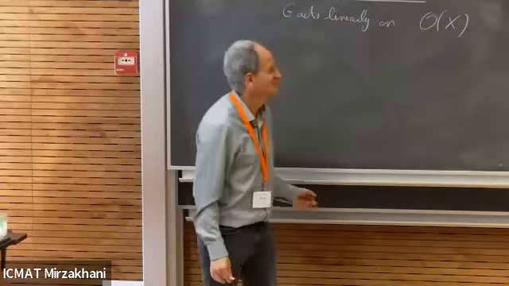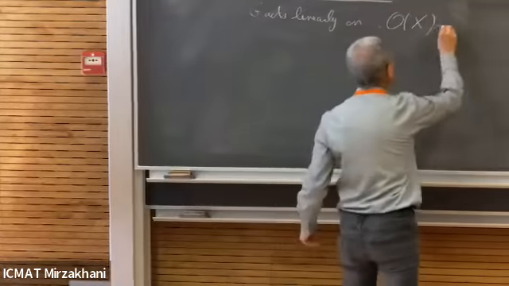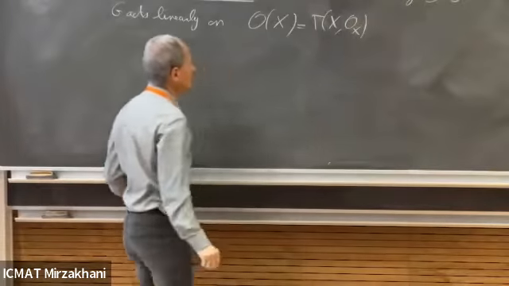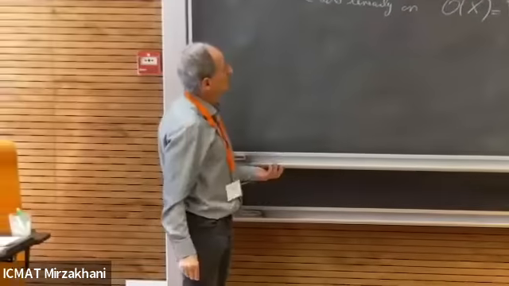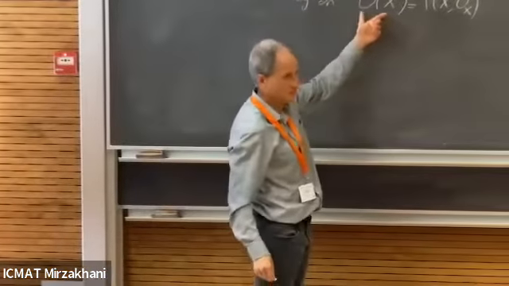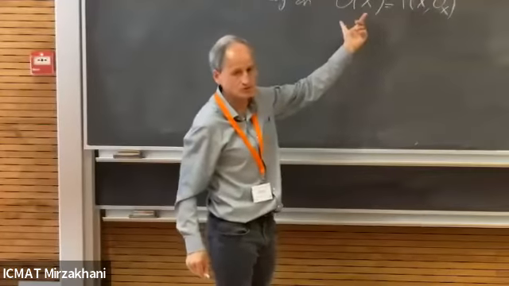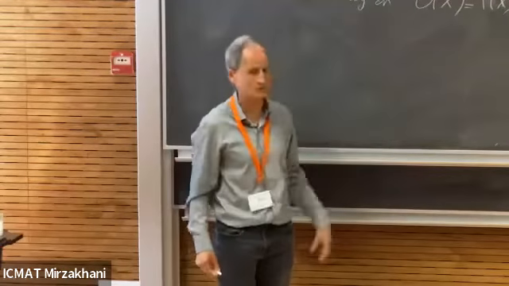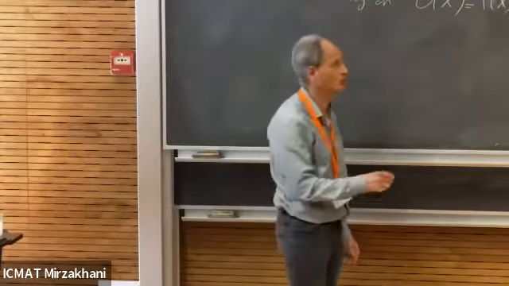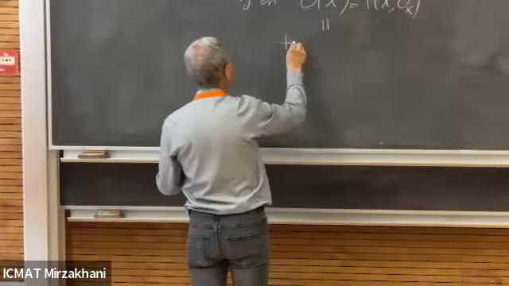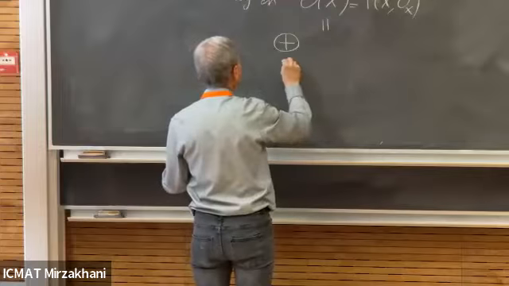Anyway. And this makes O of X a so-called rational G-module. Since G is reductive and we are in characteristic 0, we can decompose it into irreducible or simple representations. So this will give you something like this.